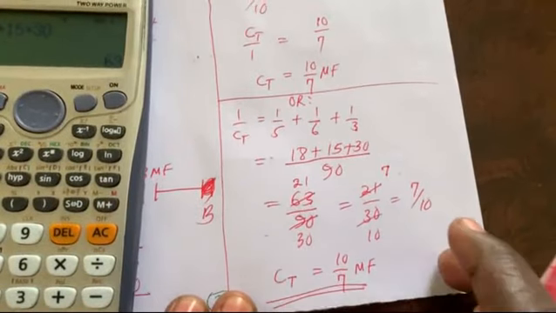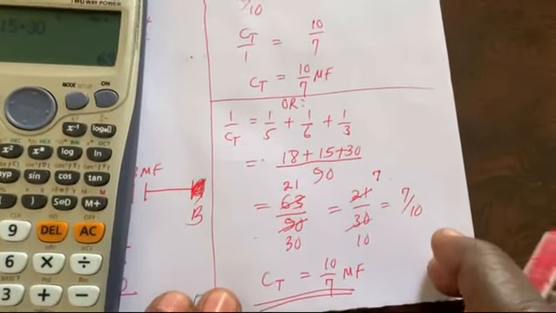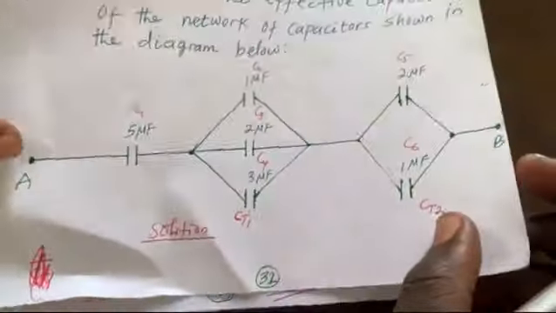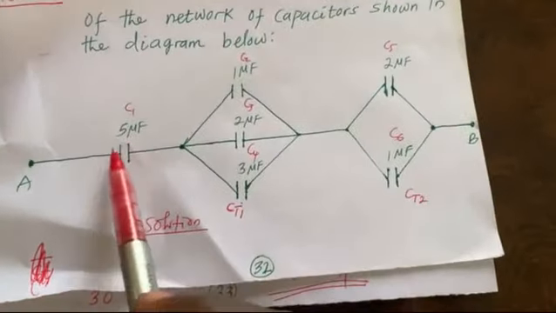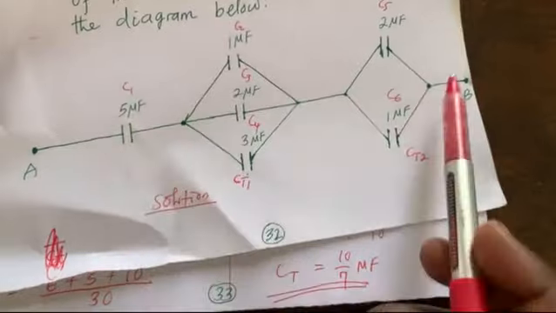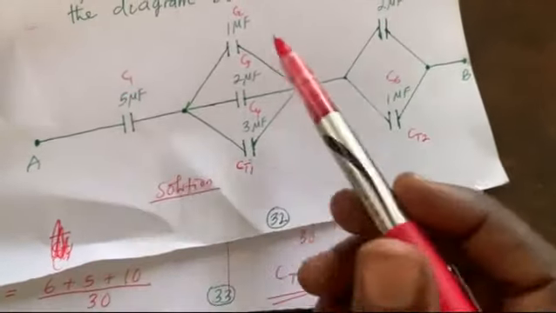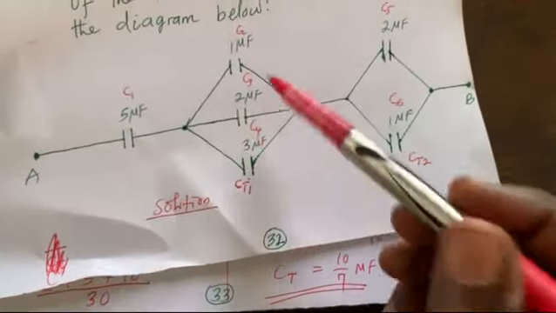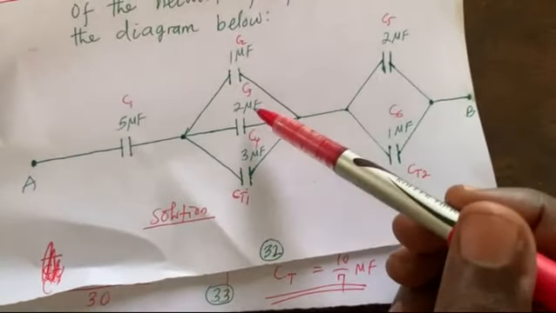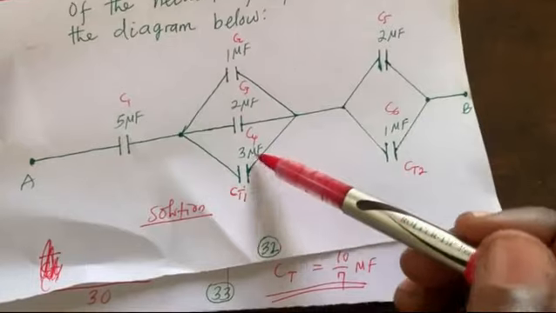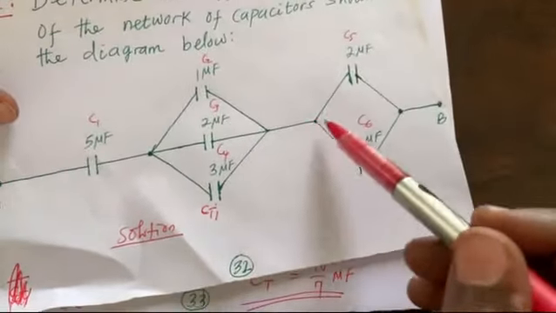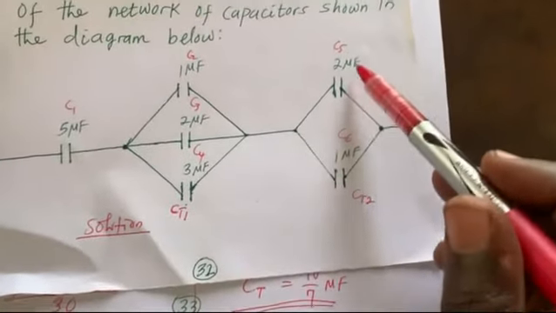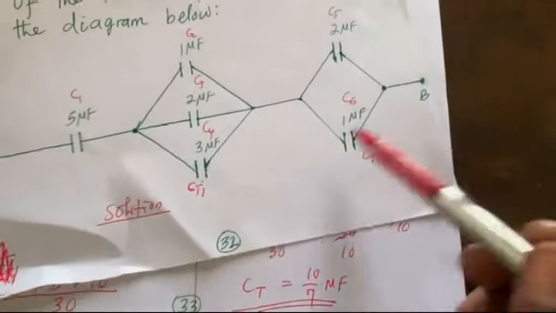You see, this is the total capacitance. It means all this, let me bring this and explain. It means that instead of having all these capacitors, 5 microfarad connected in series to a parallel combination of 1 microfarad capacitor, 2 microfarad capacitor, 3 microfarad capacitor, and then connected in series to another network of capacitors where you have 2 microfarad and 1, how many of them?